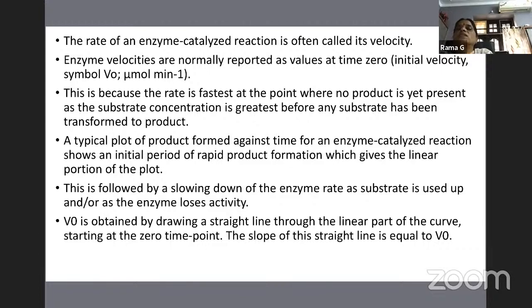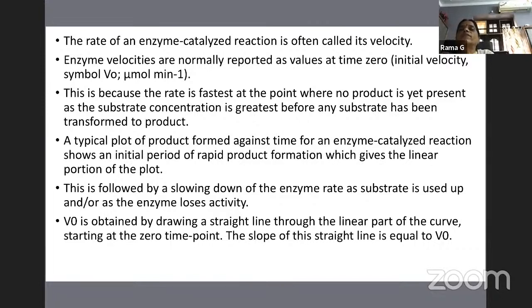This is because the rate is fastest at the point where no product is yet present. It means product formation has not started, as the substrate concentration is greatest before any substrate has transformed to product.